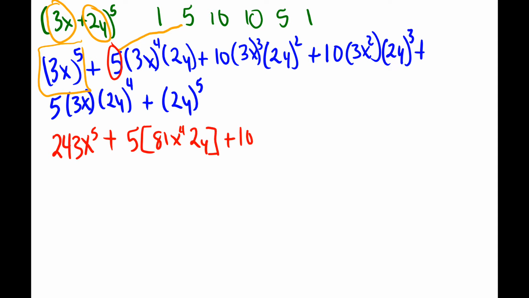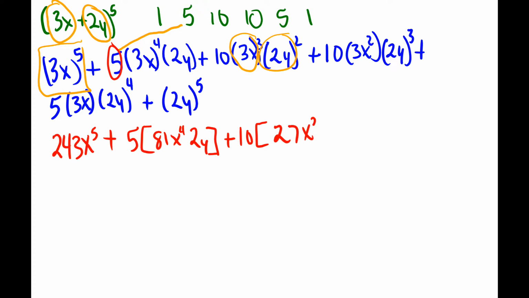Plus 10 times (3x) cubed, (2y) squared. So I've got 10, and 3 cubed is 27.